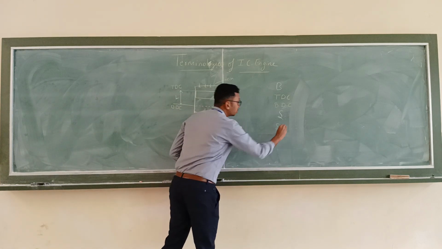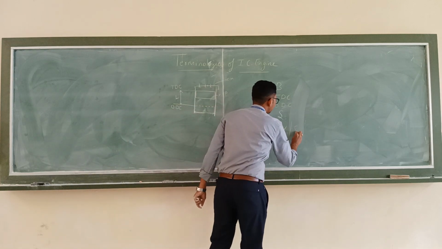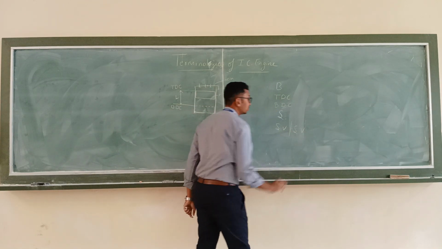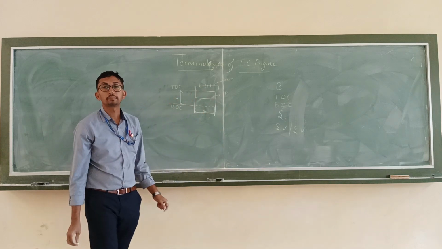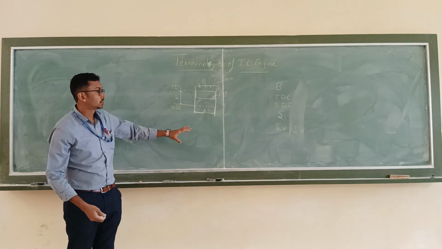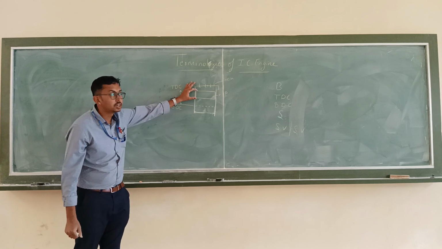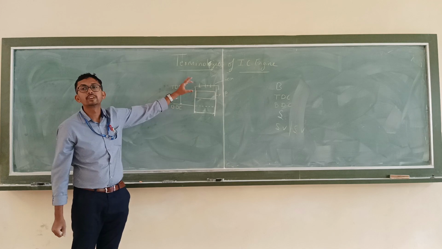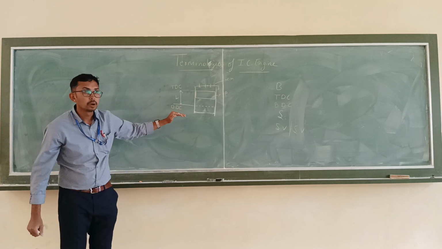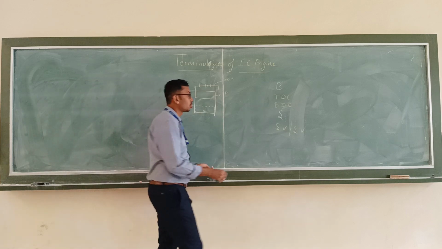Stroke volume or swept volume. What is the definition? The volume traveled by the piston while moving from top dead center to the bottom dead center is called stroke volume.